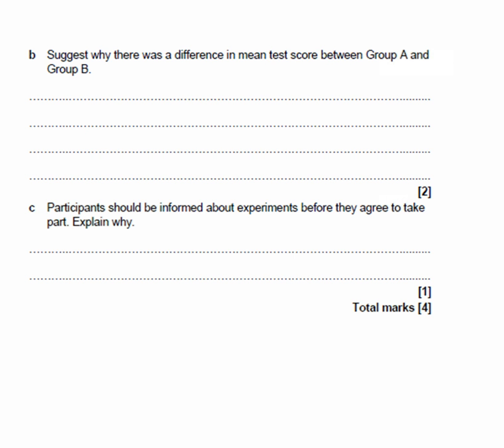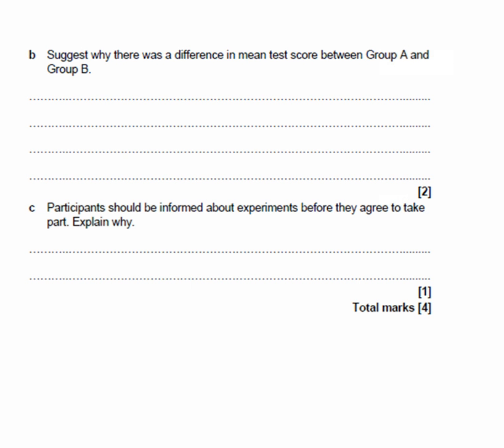Next part of this question, we needed to suggest why there is a difference in the mean scores between the 2 groups. So in other words, why did we get different results? So that's the skill that we were being tested on there. There are 2 marks available, and we were looking for a couple of the following marks.